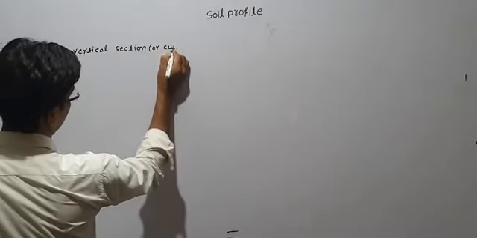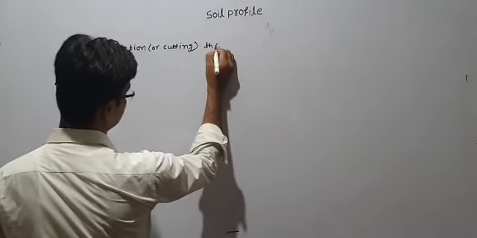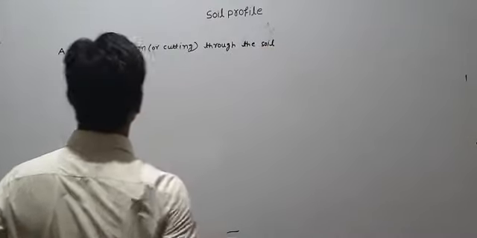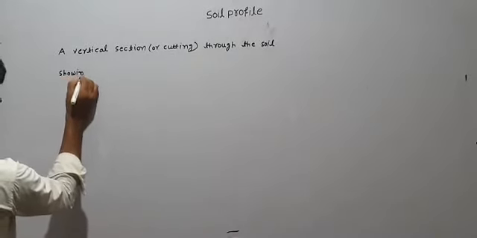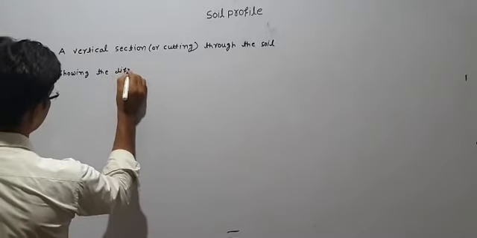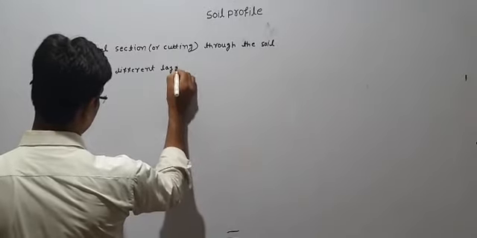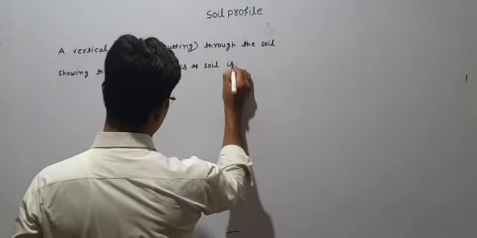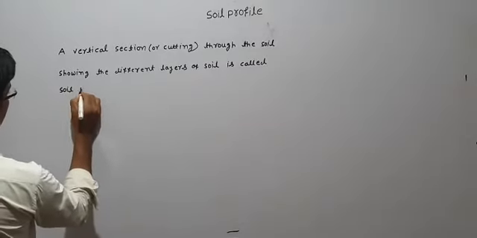A vertical section or just cutting through the soil, a vertical section or cutting through the soil, showing the different layers of soil, is called a soil profile.